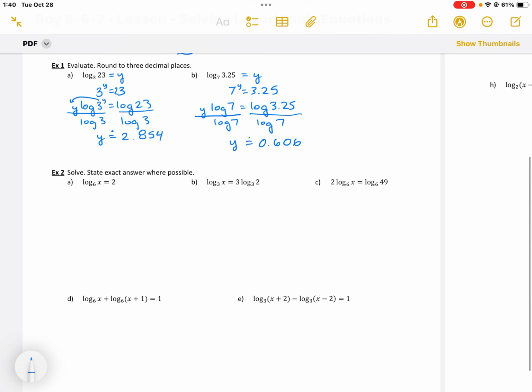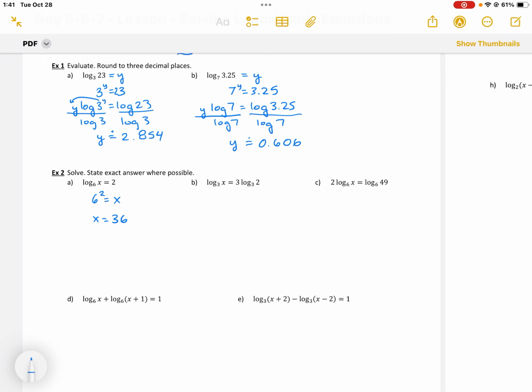The next example here has an x in it, where the argument of the log is, and we're going to solve, and we're going to state the exact answer where possible. So for questions like this with only one logarithm, we are going to change it into exponential form and then evaluate.